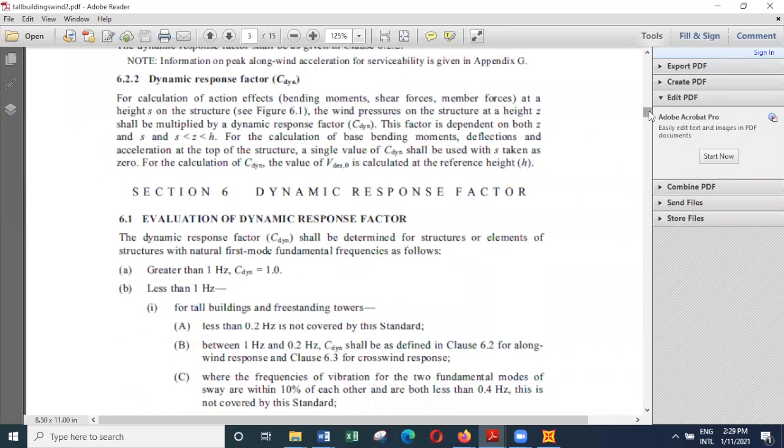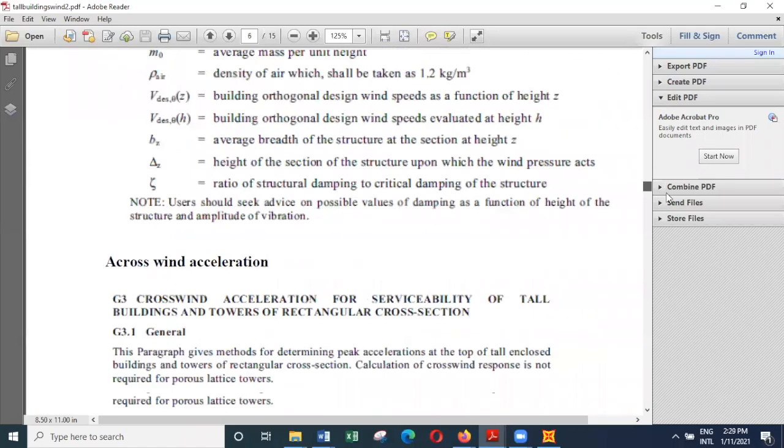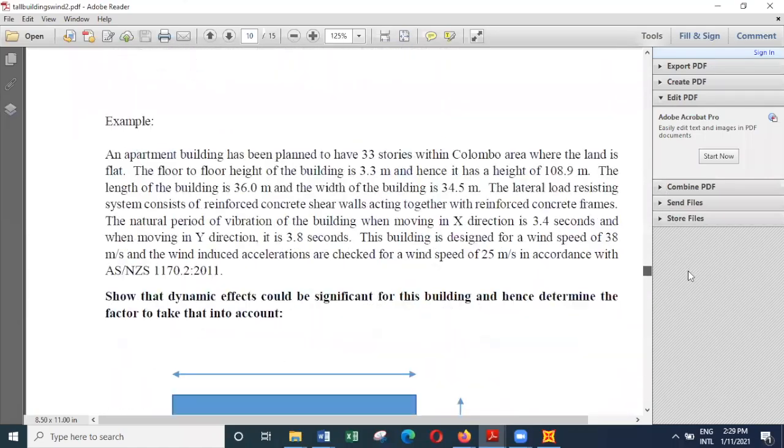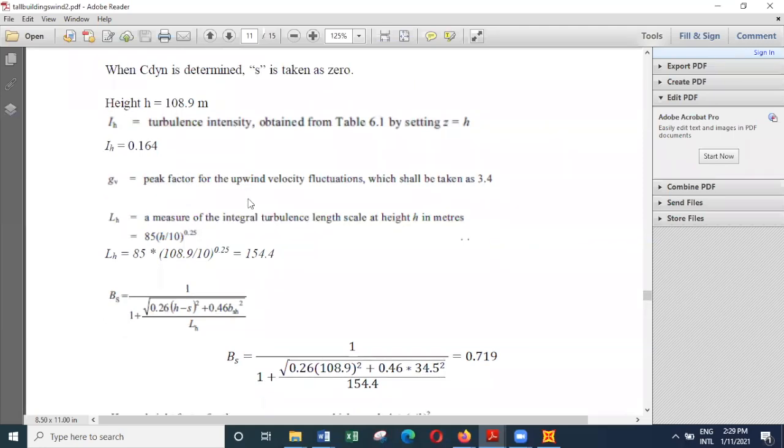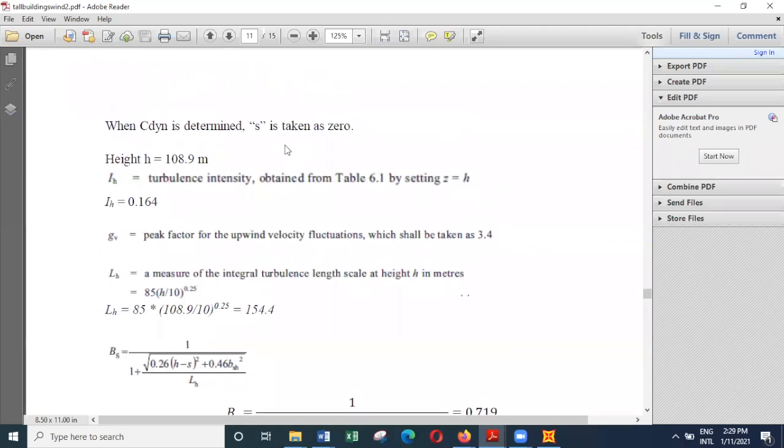So S is 0, and the height H is 108.9 meters.